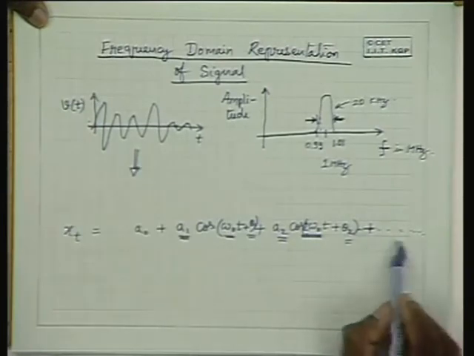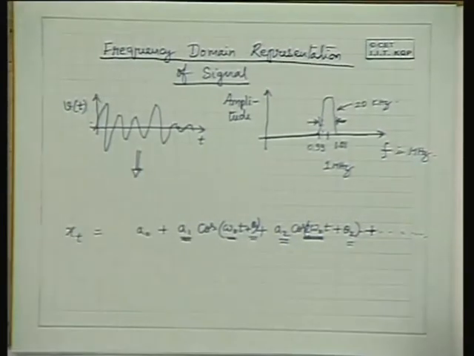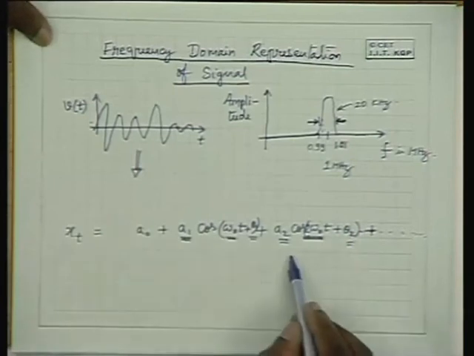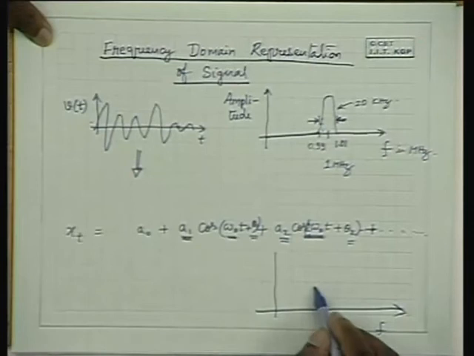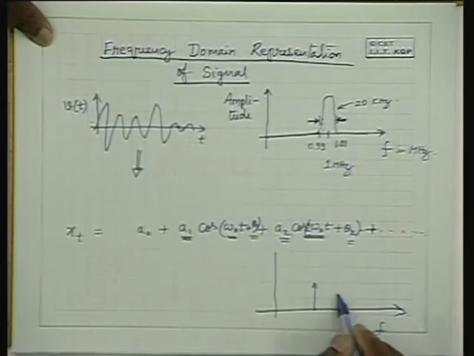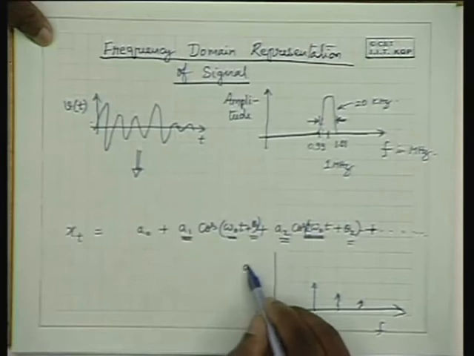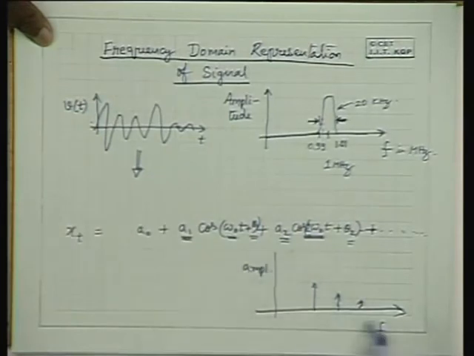It may have 3 omega naught, amplitude A3, and so on. If you plot frequency versus amplitude, at omega naught I have so much amplitude, at 2 omega naught so much, at 3 omega naught so much. So, this is the amplitude versus frequency plot.